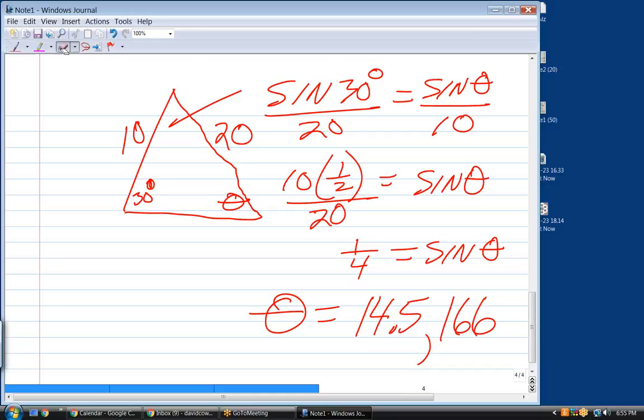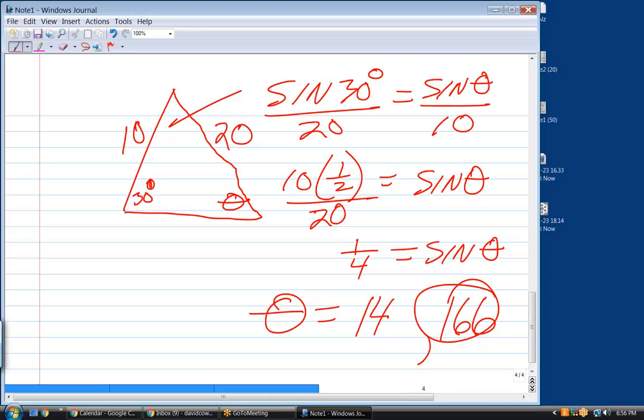Let's round everything off. Let's make that 14. We'll make this 166. Now notice, can 166 be an angle in this triangle that already has a 30-degree angle in it? It's pretty close. No, it's not a question of close. It's a question of whether it's greater than 180 or less than 180.